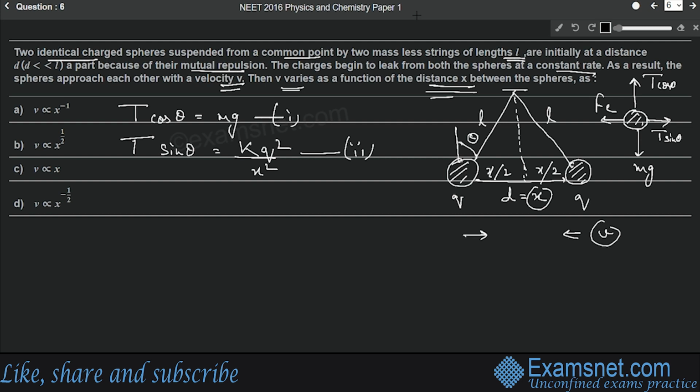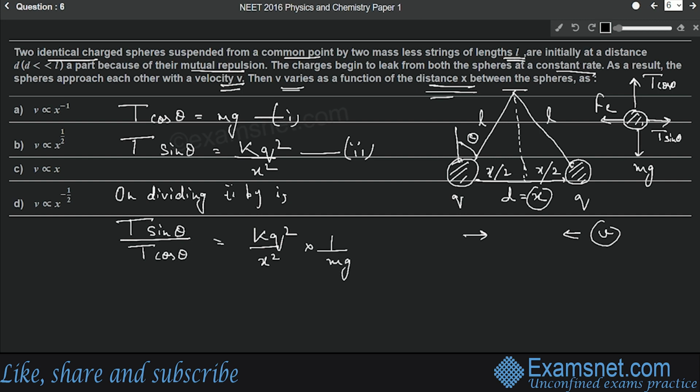Now we'll use these two equations to find the relation between v and x. On dividing equation 2 by equation 1, on the left hand side we have T sin theta divided by T cos theta, and on the right hand side K Q square upon x square will be divided by mg.